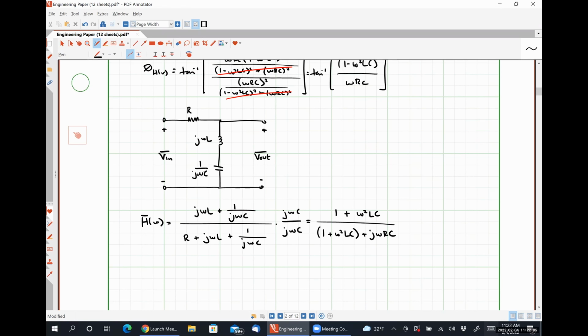Let me just double check that math here real quick. So that's where the 1 comes from. J times j, actually, these should both be negative, I thought. Yeah, because I have a positive j times a positive j, which is giving me a negative 1. Okay, sorry.